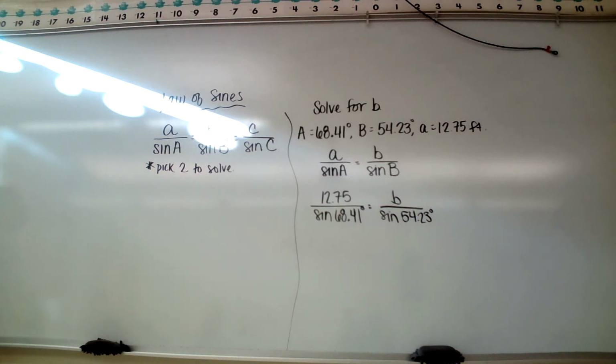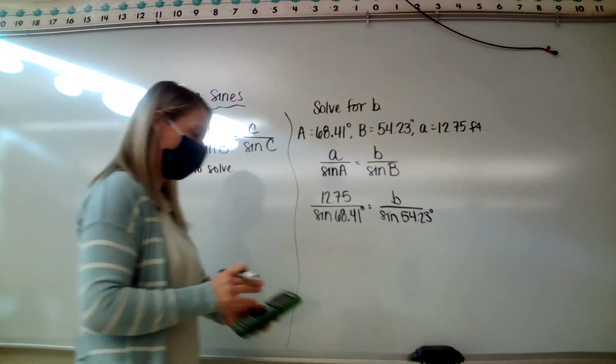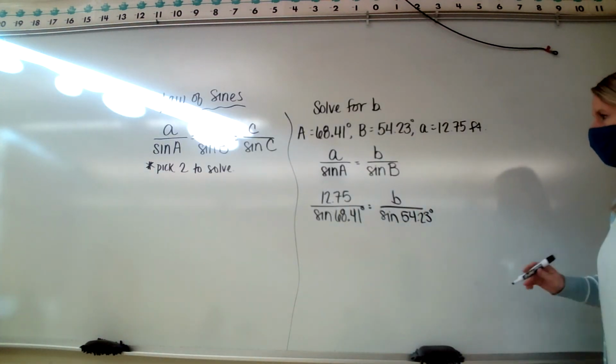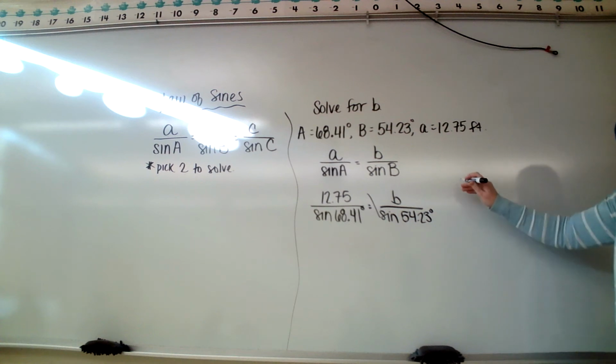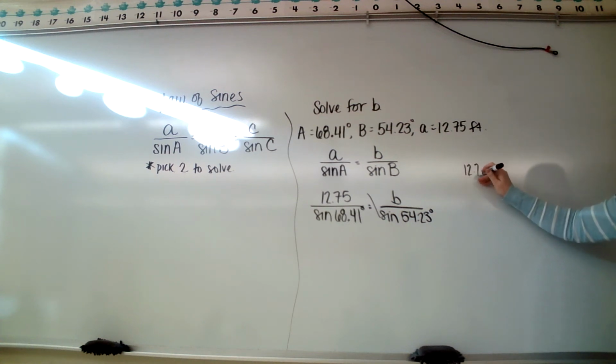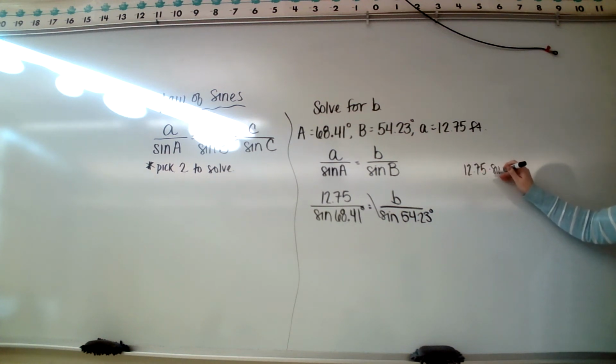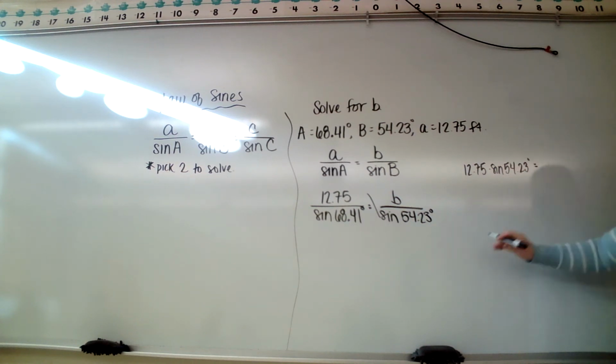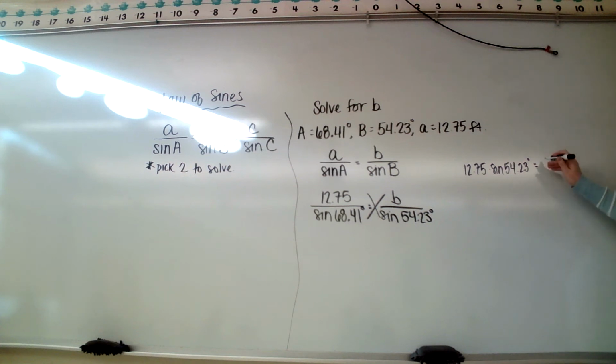Oh, found it. So we are going to solve it. And to solve it, I'm going to cross multiply here. I put an equal sign. I cross multiply the other way.